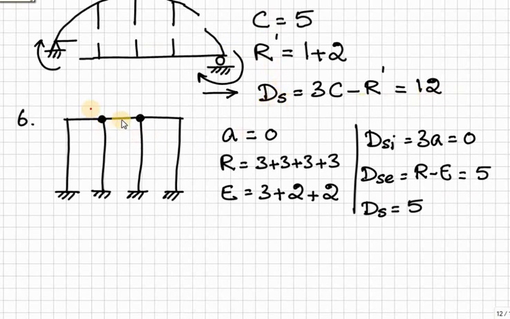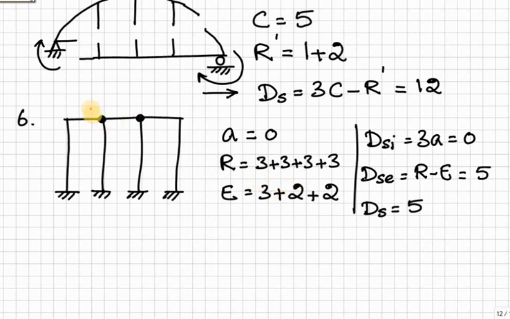So the next problem is with the joint hinge. Okay, here there is no closed loop, therefore A is equal to 0. Then reaction is equal to 3 plus 3 plus 3 plus 3, therefore this much, 12. Then capital E is equal to 3 for general equilibrium equations, then 2 for this joint.